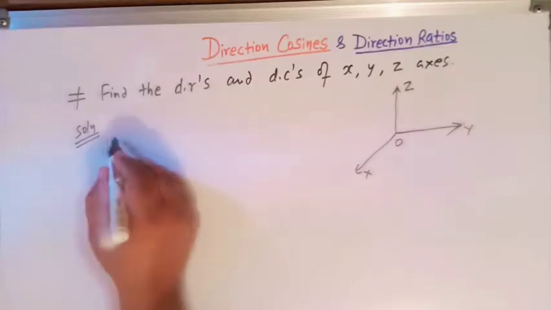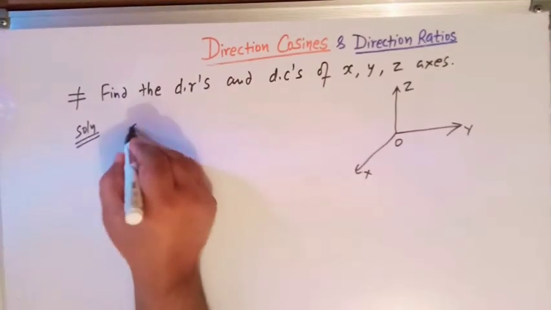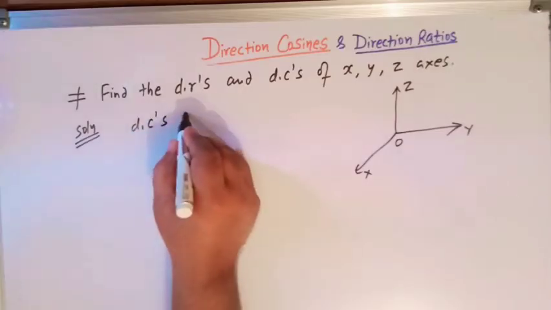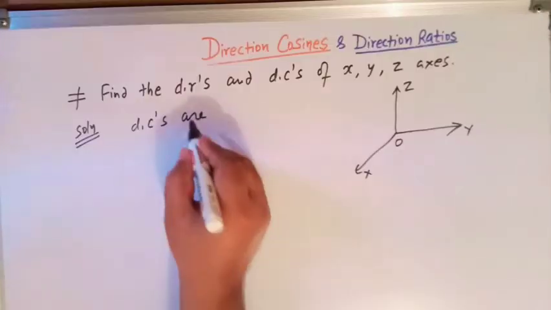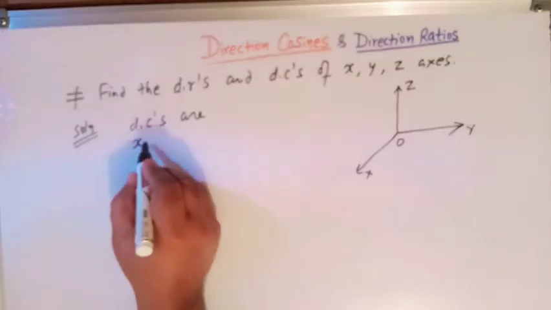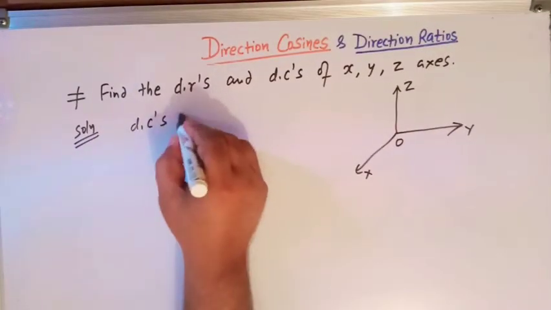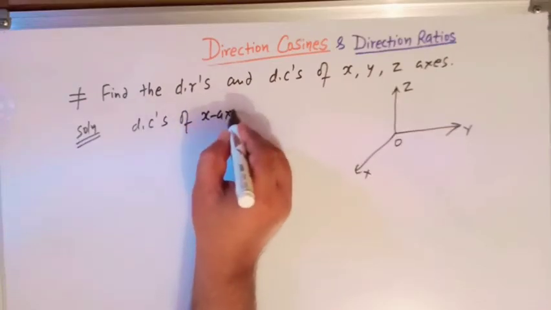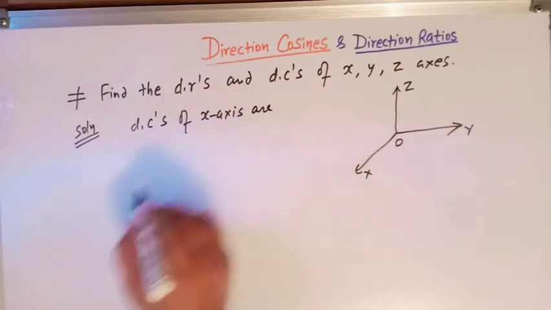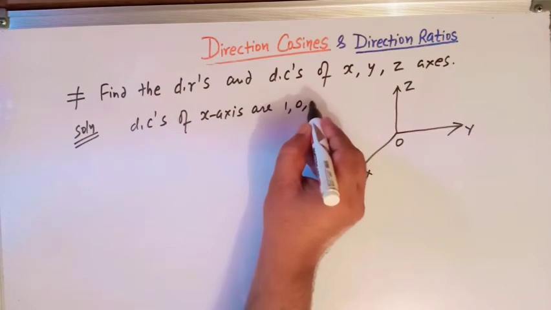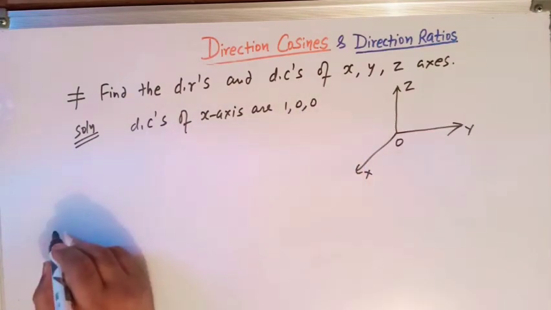Now we know that the DCs of x-axis are 1, 0, and 0, right?